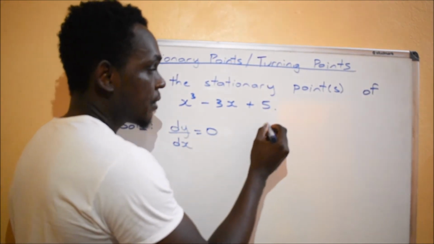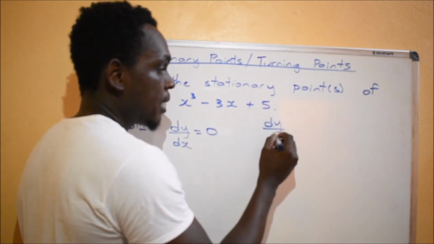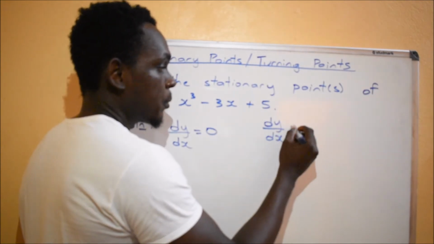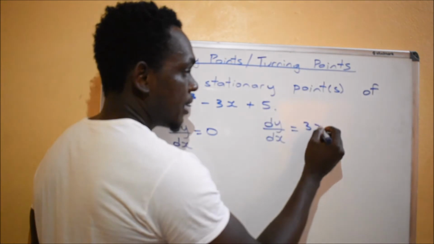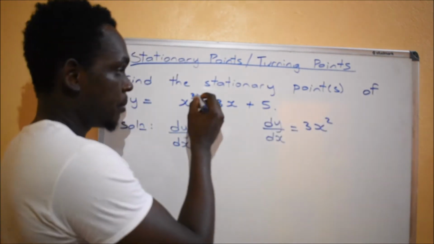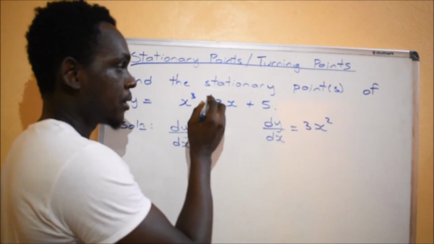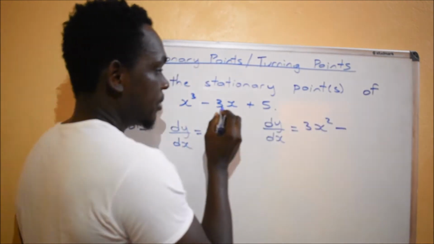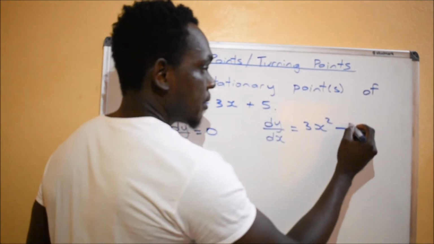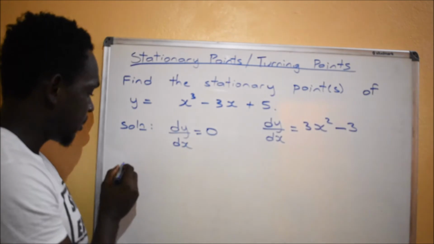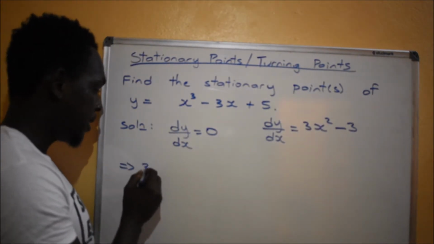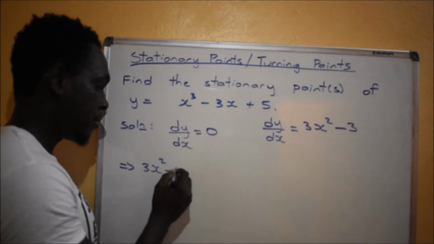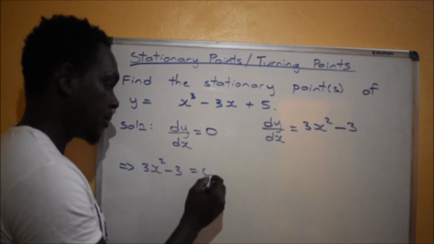So for this function, dy by dx will be equal to 3x squared, because we bring down the power and then subtract 1 to get a new power, minus, differentiating 3x gives us 3. So this tells us that 3x squared minus 3 is equal to 0.